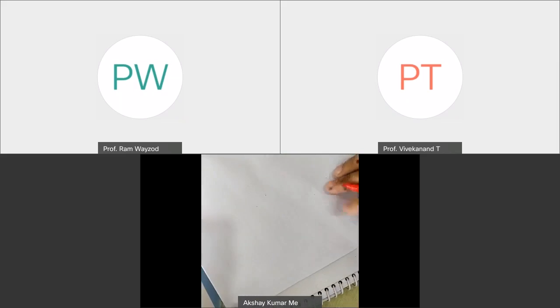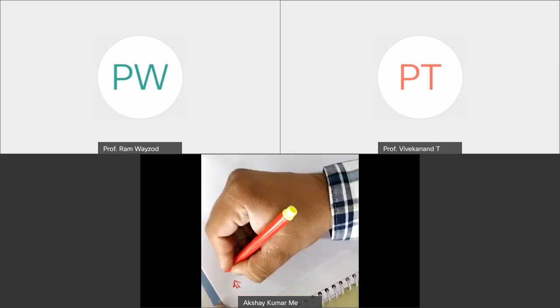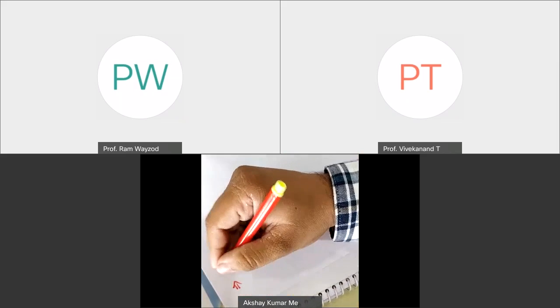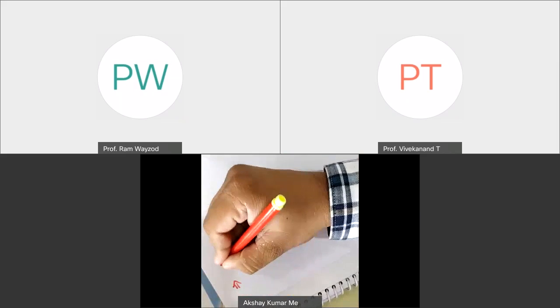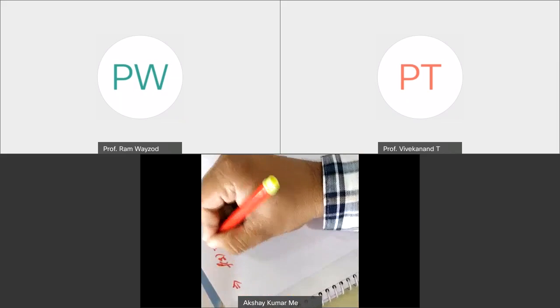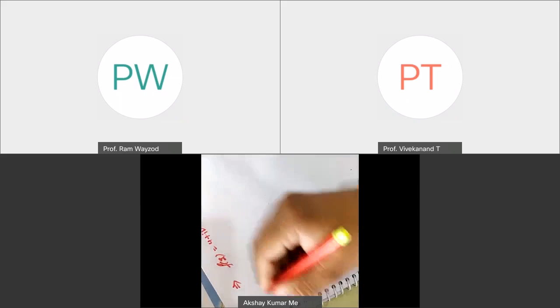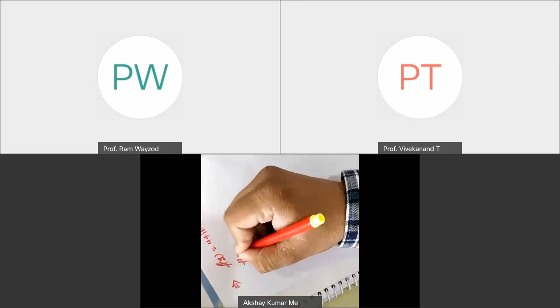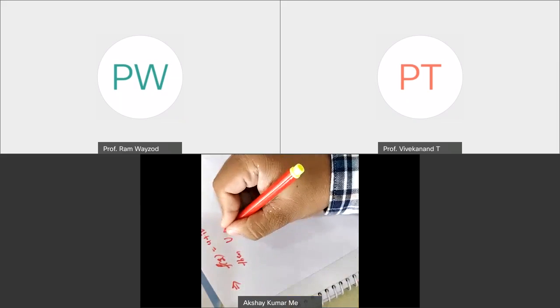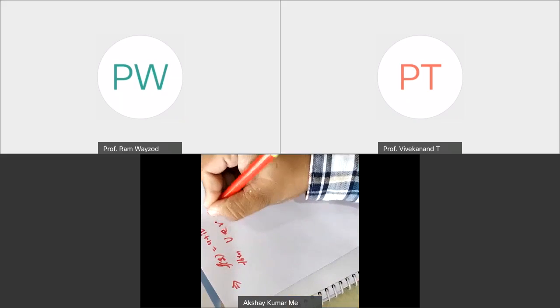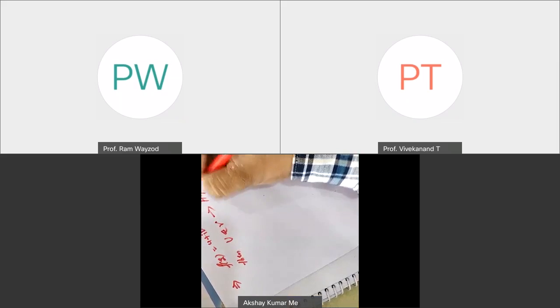So the relation between analytic function and harmonic function: if f of z is equal to u plus iv is an analytic function, then u and v are harmonic functions.